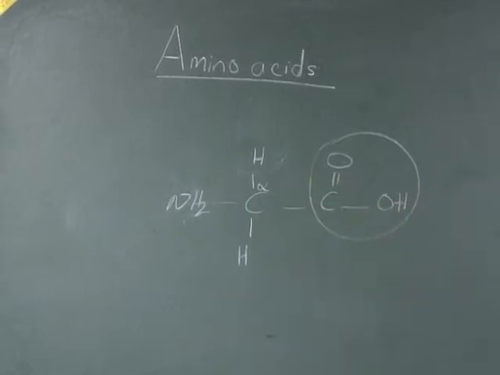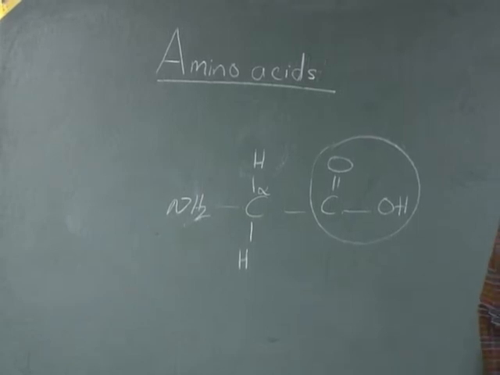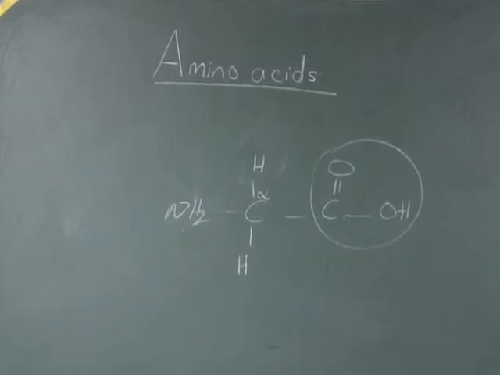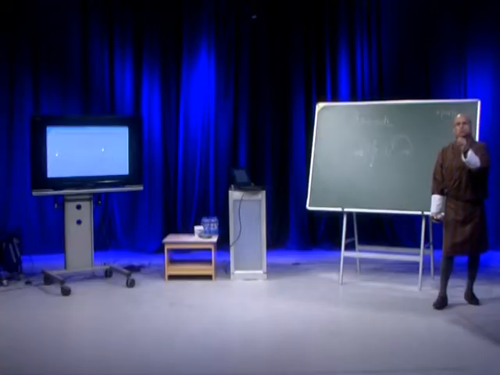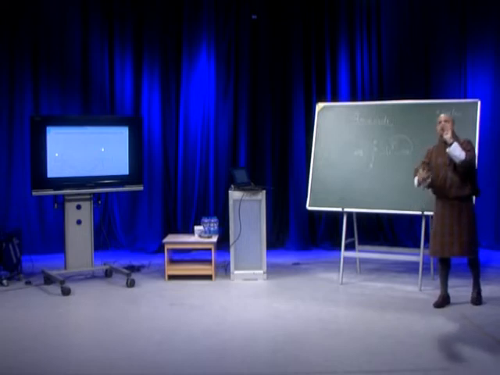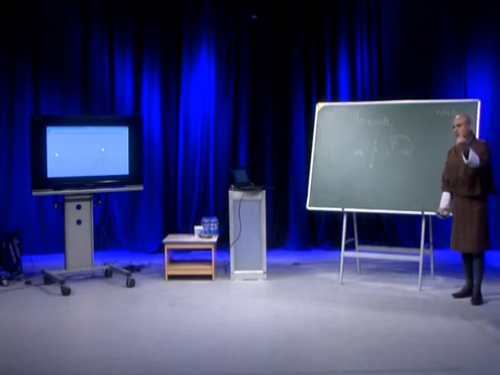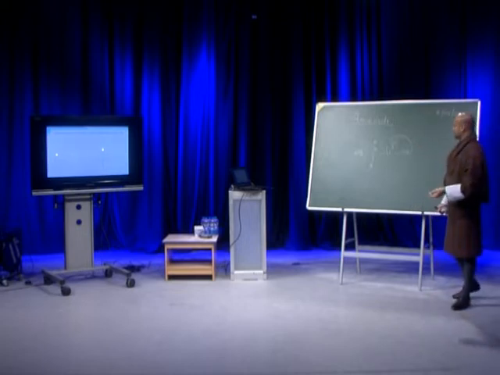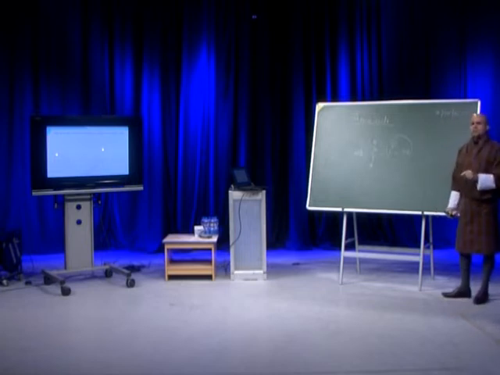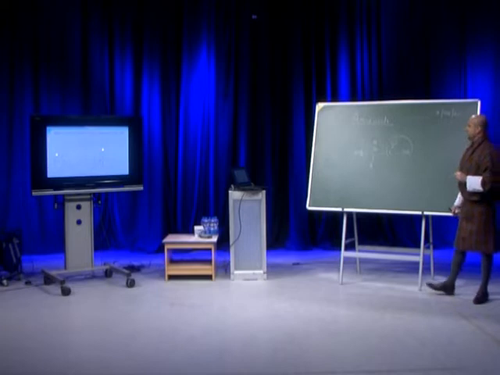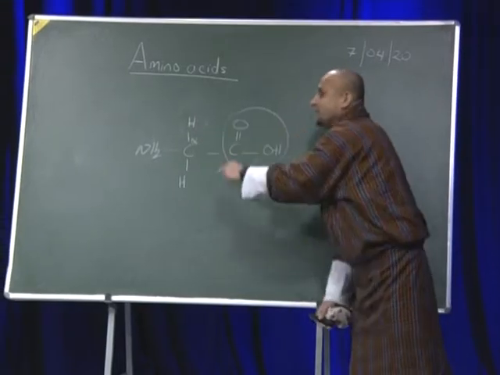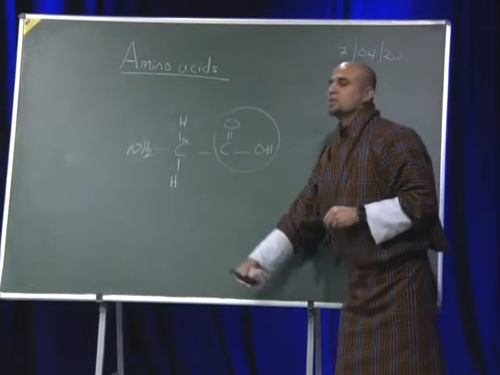As you know, for an organic compound to become optically active, there are two conditions. One, the object and its mirror image should be non-superimposable. That's condition number one. And condition number two is it should contain an asymmetric carbon atom. But here, in glycine, the carbon atom is not asymmetric.